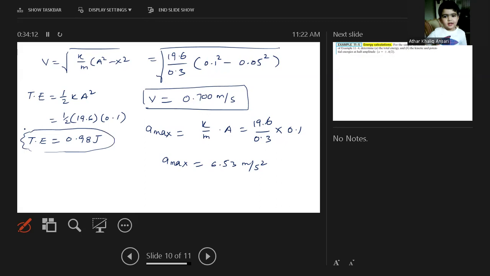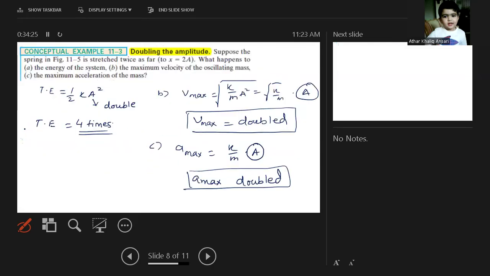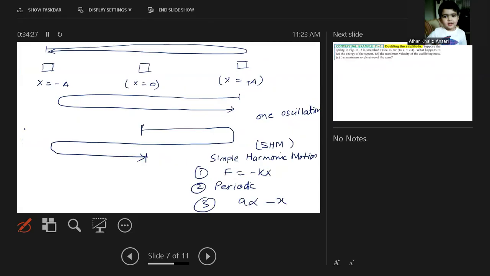Okay. If you are asked to find it in the middle, velocity is max, acceleration is zero, so the total energy in the middle will be kinetic energy, and in the extreme position it will be potential energy. If it is in between somewhere, at 0.5 meter distance, then what you will do?